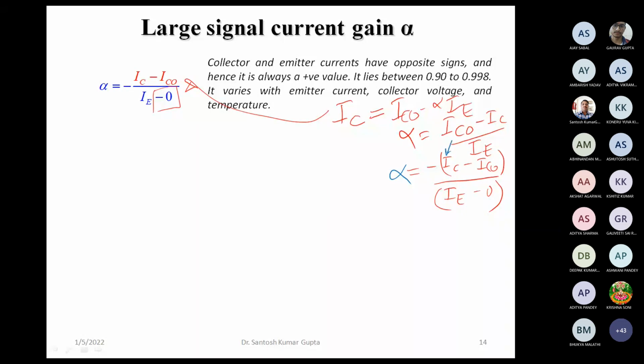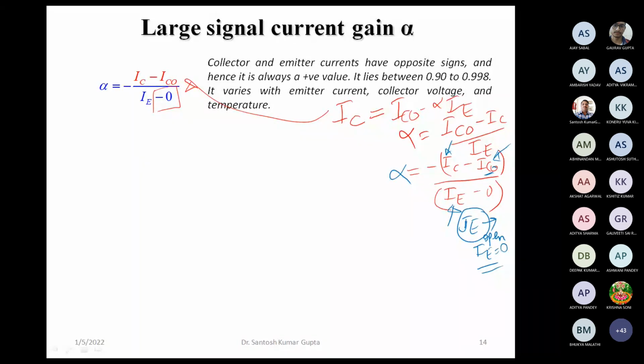IC is the current through the collector, and that is resulting from the emitter current here when it is forward biased, whereas ICO is the part of the collector current when we made the emitter junction open, that is, emitter current was 0. So at that condition the current ICO is going to flow across the collector junction.